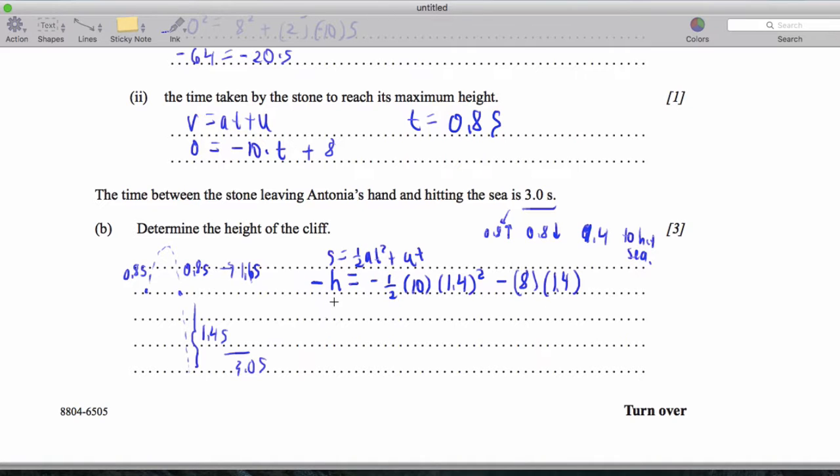So negative h equals negative 5 times 1.4 squared minus 1.4 times 8. It's going to be minus 11.2. So h ends up being a total of 21 meters.